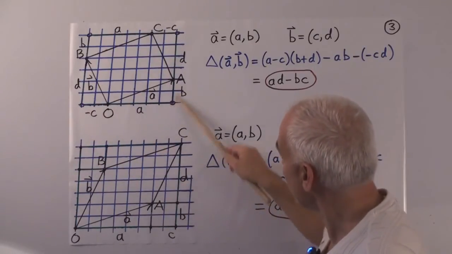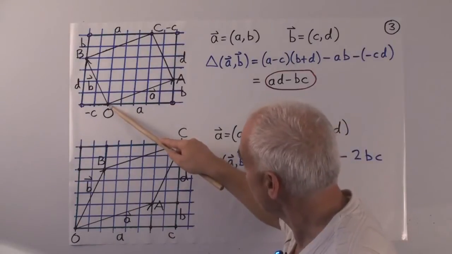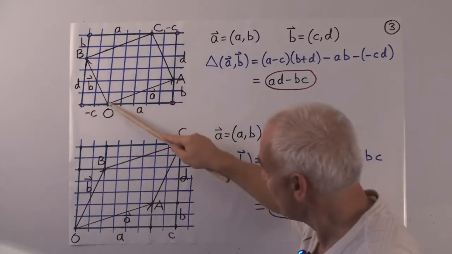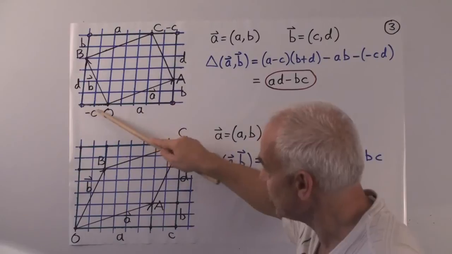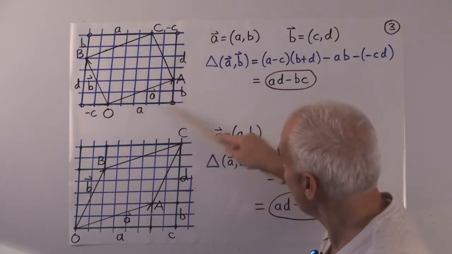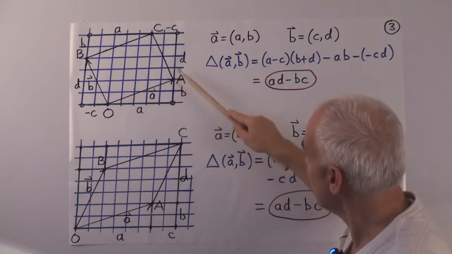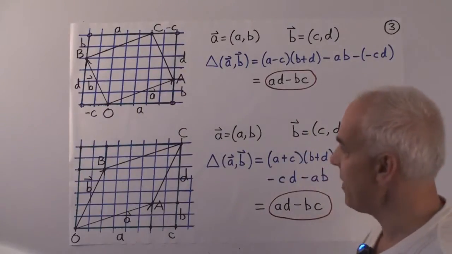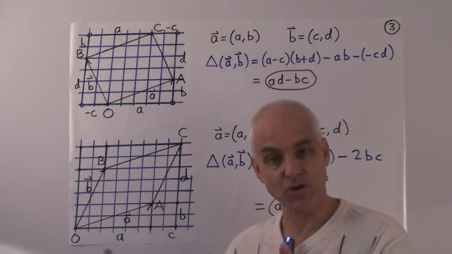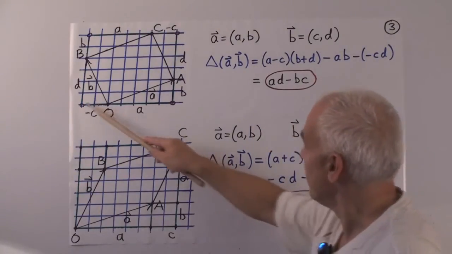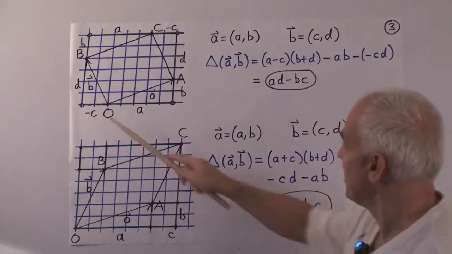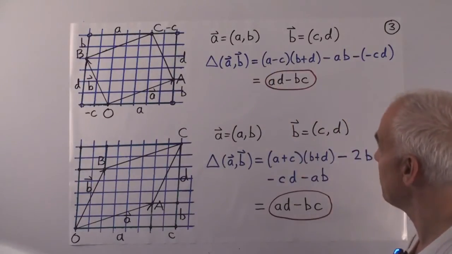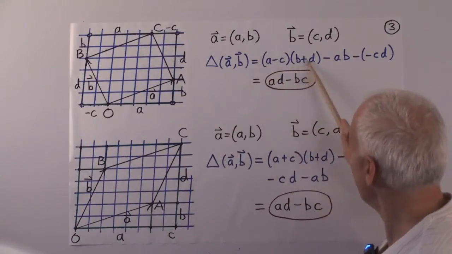If this is A and this is B, and this is the vector C, D, this is a negative in this case, so the number of segments here is actually minus C. So we can label the various parts of this diagram A, B, D, minus C, A, B, D, and minus C. And then the same calculation that we did with the external approach from last time is the big rectangle has dimension A minus C over here, because that's A and that's minus C, so altogether A minus C, and B plus D in that direction.